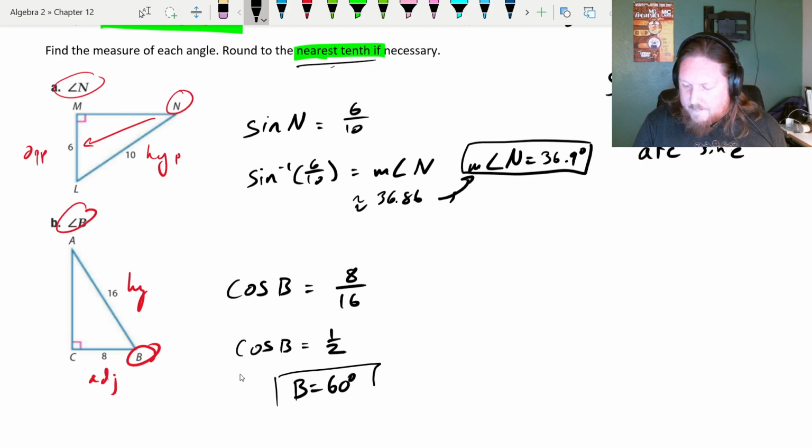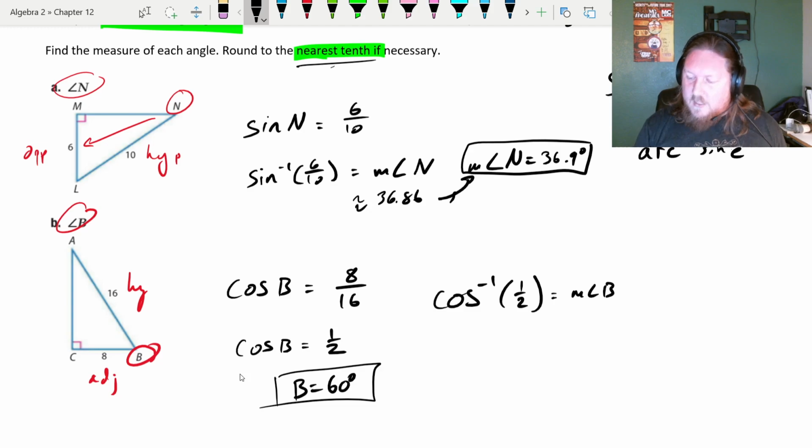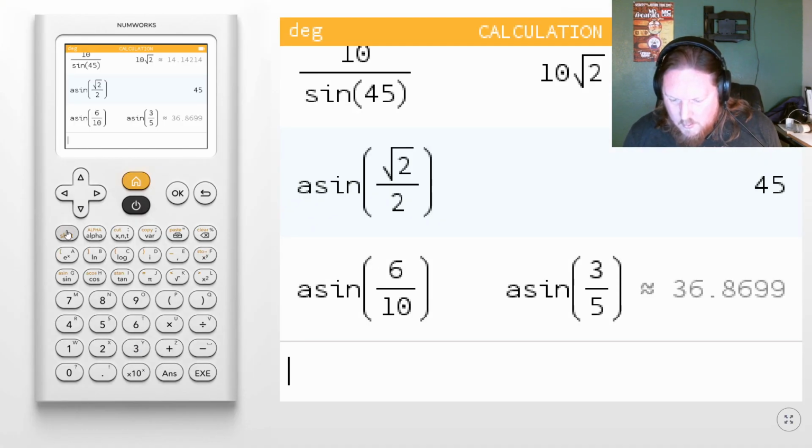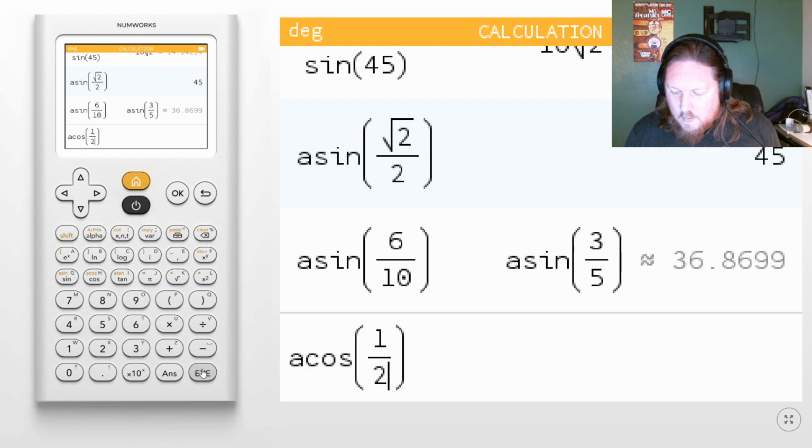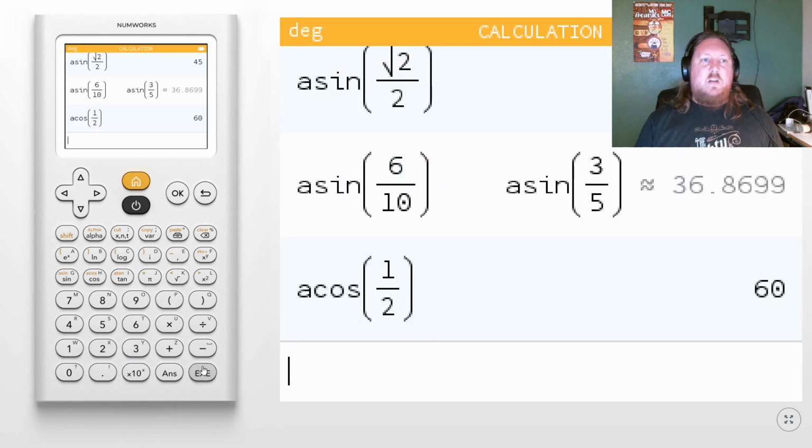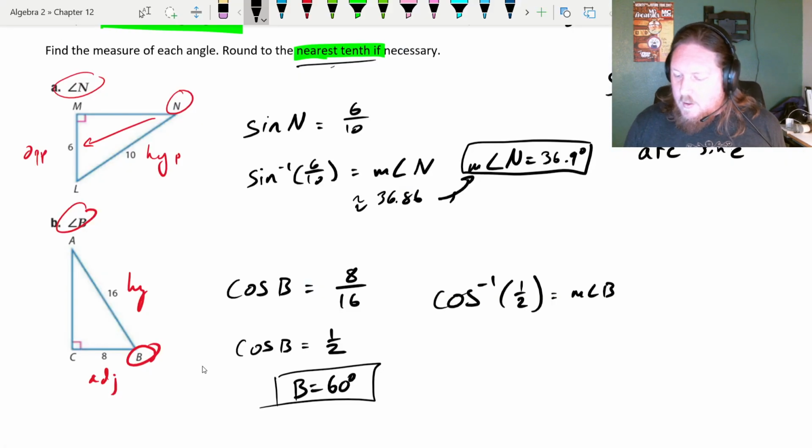Now, if you don't believe that, let's go ahead and plug it into our calculator. Use inverse cosine of 1/2. You could type in 8/16 if you want to. That's going to be the measure of angle B. Arc cosine, 1/2. Execute, 60 degrees. All right.